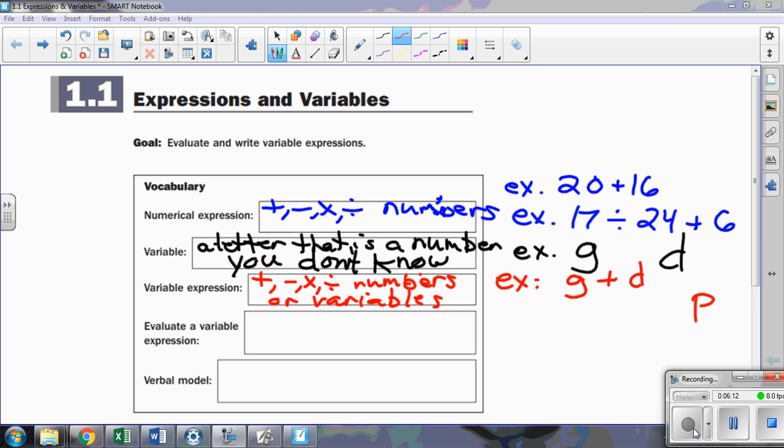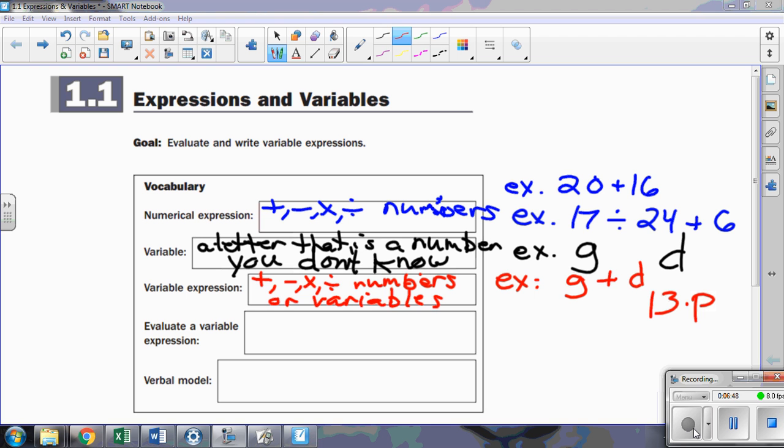Well, do we know that? We don't know how many pennies it takes to make a pound. But we can still use a letter to represent however many that is. Well, if I now have 13 pounds of pennies, I could take and multiply 13 times the number for 1 pound. That's another variable expression. We can combine numbers and variables to create expressions. That's all they are.